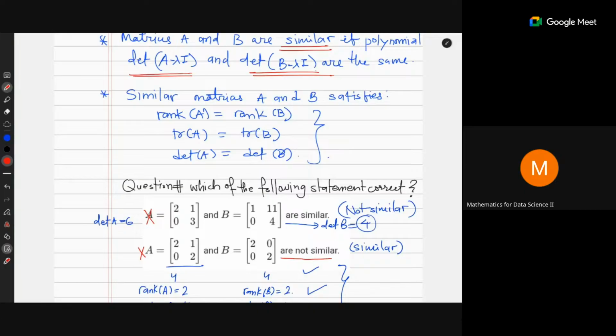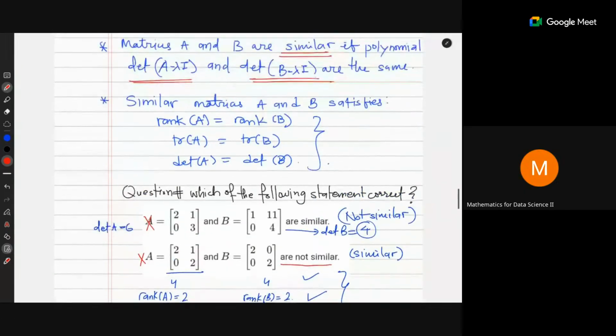If there is any higher order matrix, you can go and check these three properties. Okay, understood. So it might mostly be the case that they are not similar if they have asked higher order. You might find some of the equalities not holding. Okay, so then you can figure out whether it is similar.